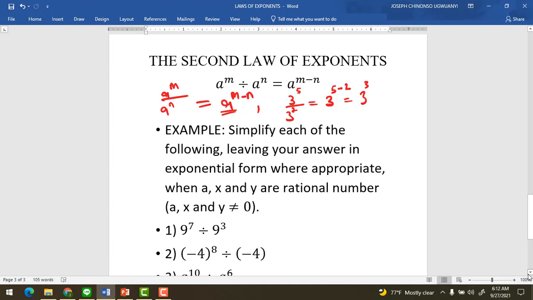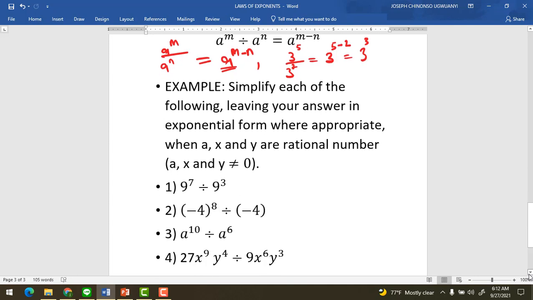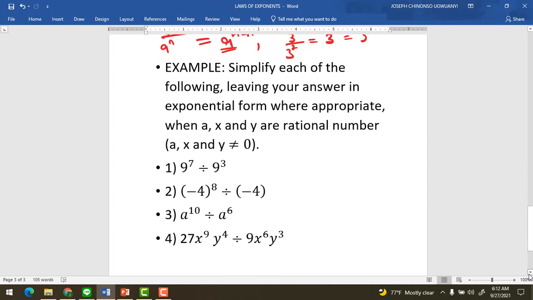In our example, we have: simplify each of the following, leaving your answer in exponential form where appropriate, when a, x, and y are rational numbers but a, x, and y are not equal to 0.